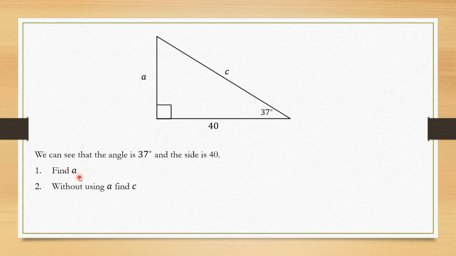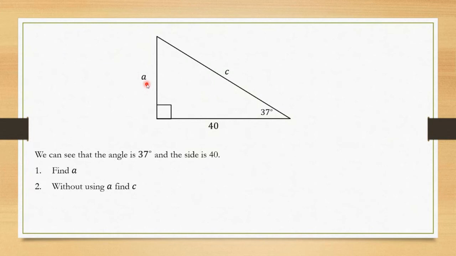Well, the tricky part is, when we find A, what trig function do we use? Well, we have the adjacent side, don't we? That's 40. Remember, this is relative to this angle. 40 is the adjacent side, the side adjacent to the angle. A is the opposite.